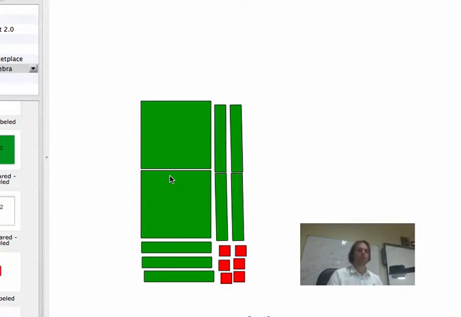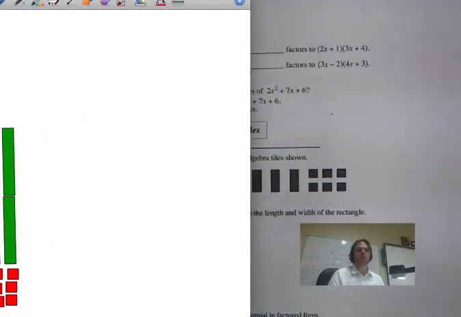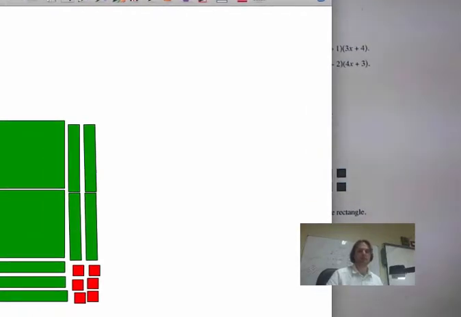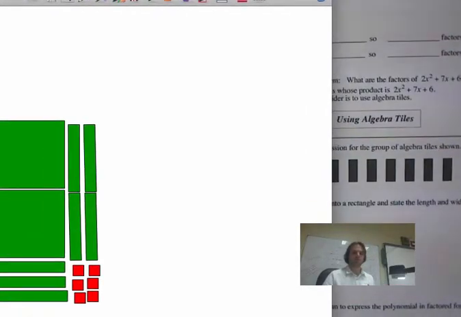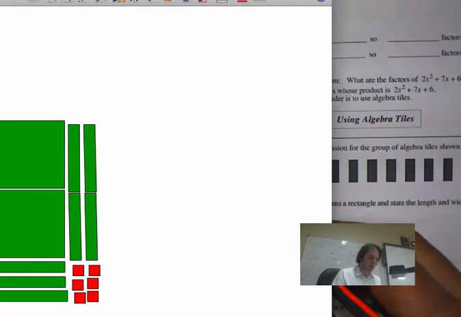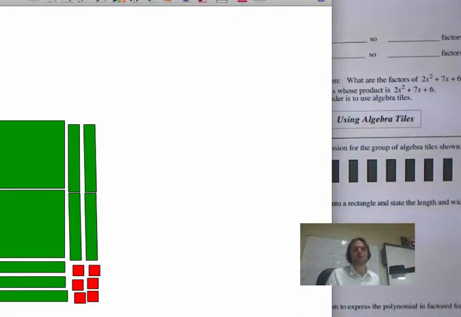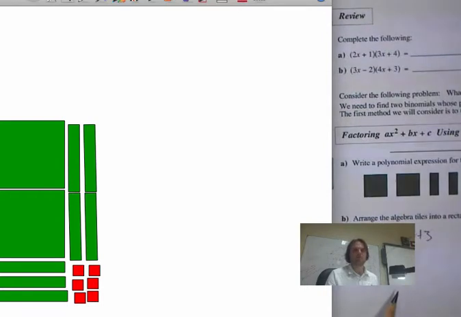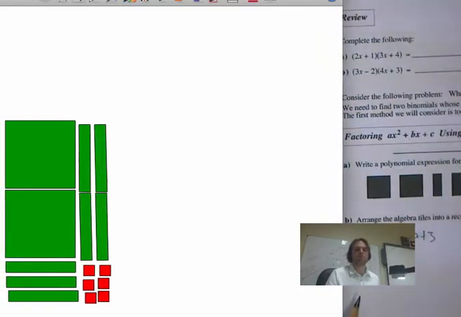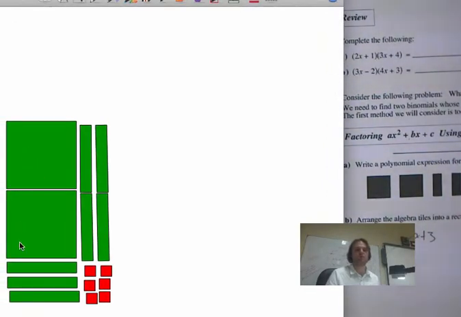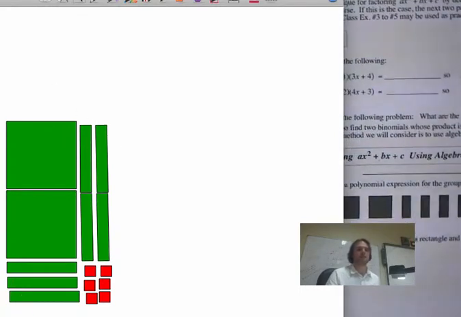If I was to write that down, I'll show you right here on my sheet, it is x plus 2 multiplied by 2x plus 3. So we have 1, 2 going down, and 1, 2, 3 across. And that's it.